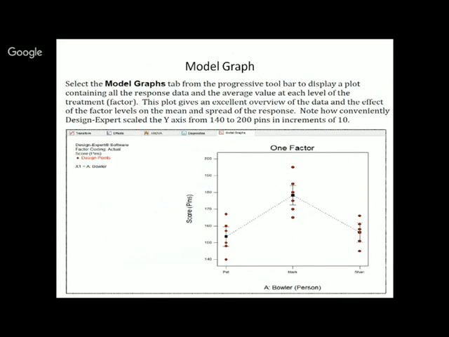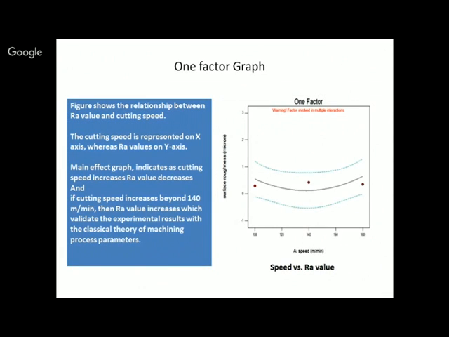So then there are these model graphs you can get from this software. These model graphs of one factor, two factor, three factor response graphs are there. One factor, for example, in my case, this is the one factor graph for speed versus Ra value. You can see that on the x-axis is speed, and on the y-axis is surface roughness.